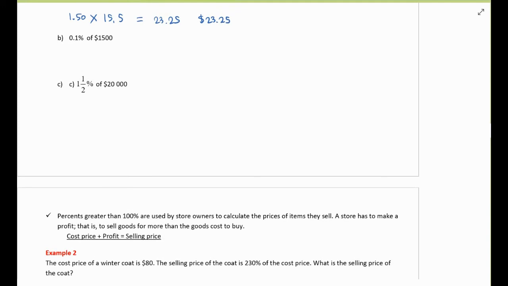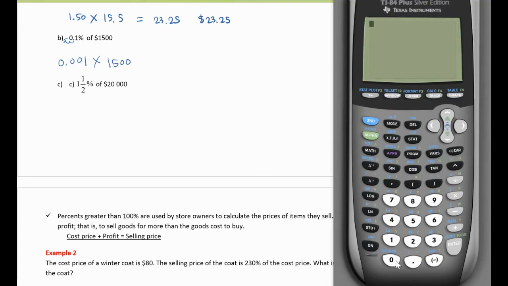Move 2 decimal places to the left, and that becomes 0.001, and of is multiplication, times 1,500. Okay, let's use a calculator. 0.001 times 1,500, then that is 1.5.